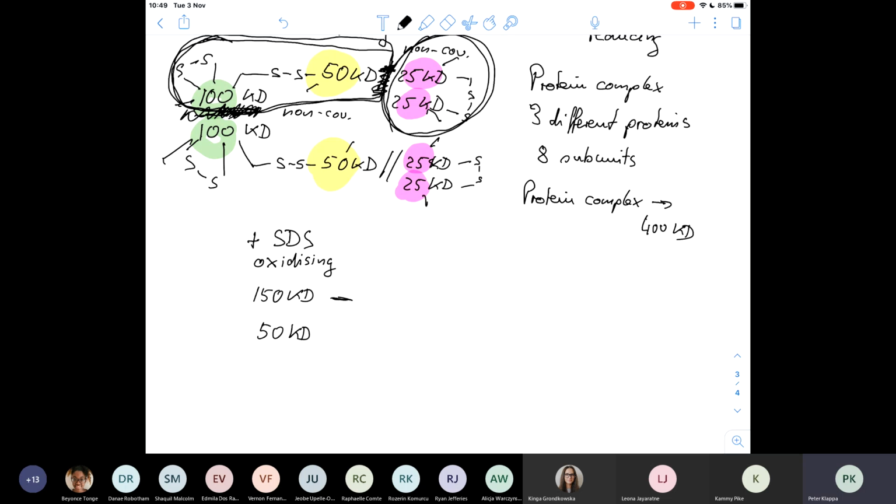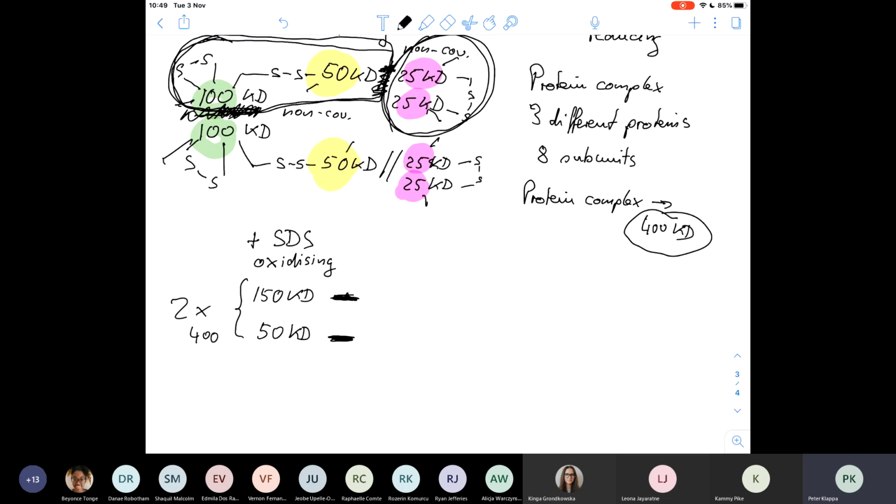So we get a band like this and a band like this. We would not necessarily know whether it's twice, but if we have already determined that it is a 400 kilodalton complex, we could easily figure out that it is made up of 2 times 150 and 50, because this gives us 400.